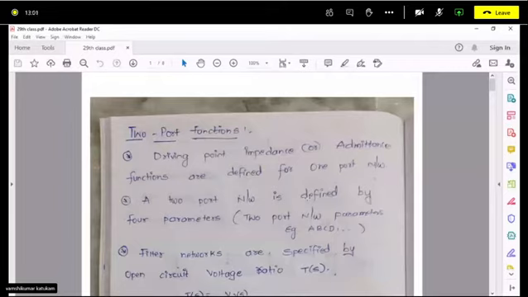So we have four forms. We have seen Foster 1, Foster 2, Cauer 1, Cauer 2. The given function was a driving point impedance function.